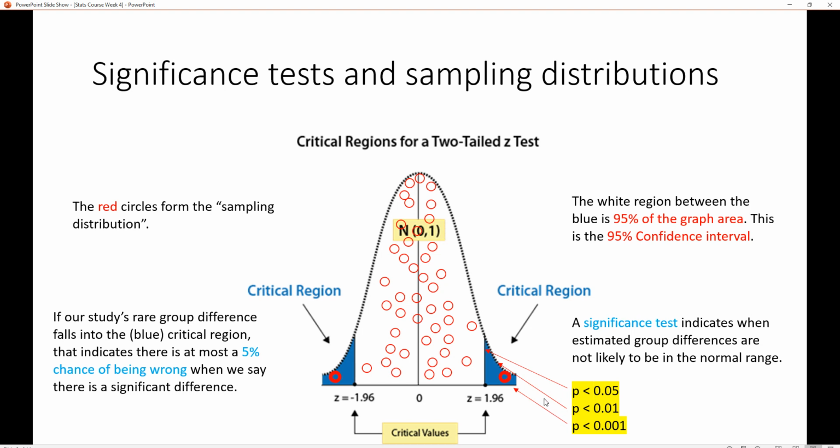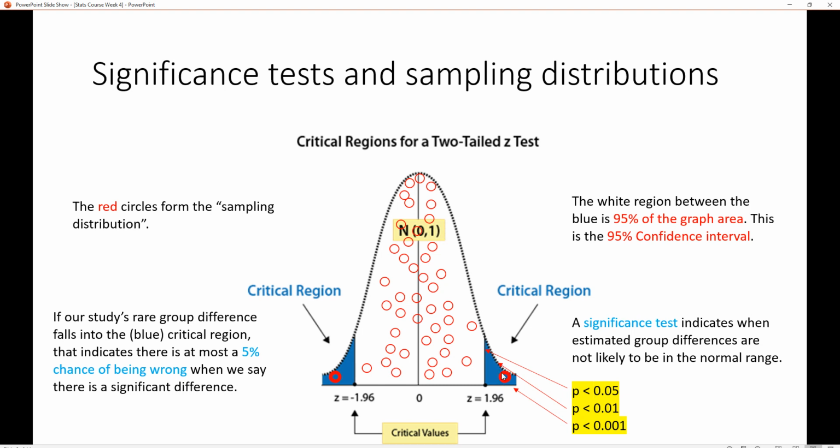So if we move further away from zero into this blue region, if the group differences are stronger, if they're further in the blue region, you might say that it goes to about the 1% area.